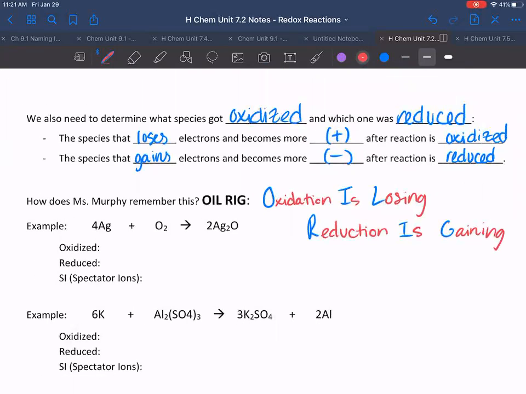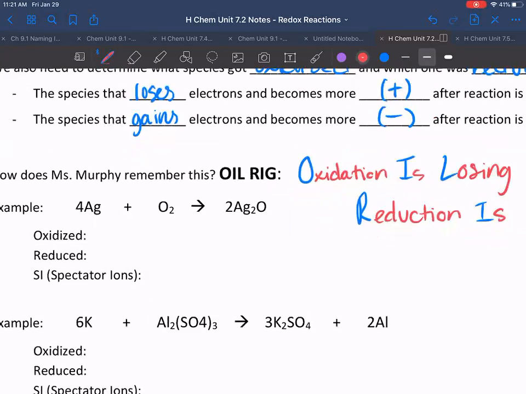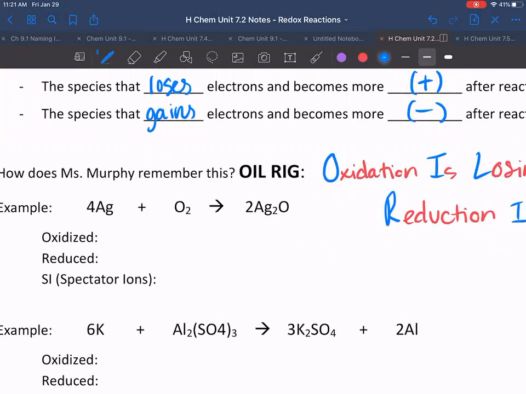And so now we're going to go back through the equations that we just determined charges for, and we're going to figure out which ones were oxidized, what was reduced, and if we have any spectator ions. In the first one, we already determined that the charges were 0, 0, plus 1, and minus 2.